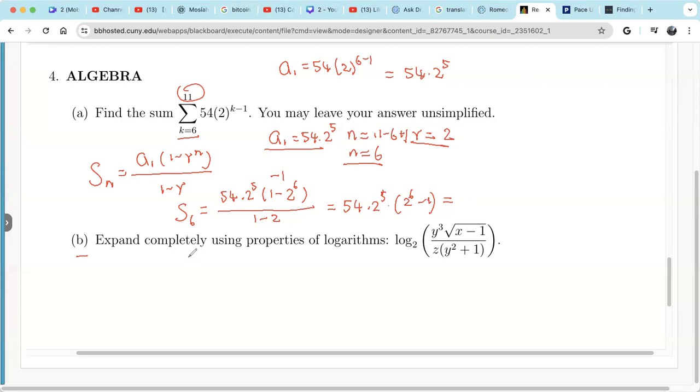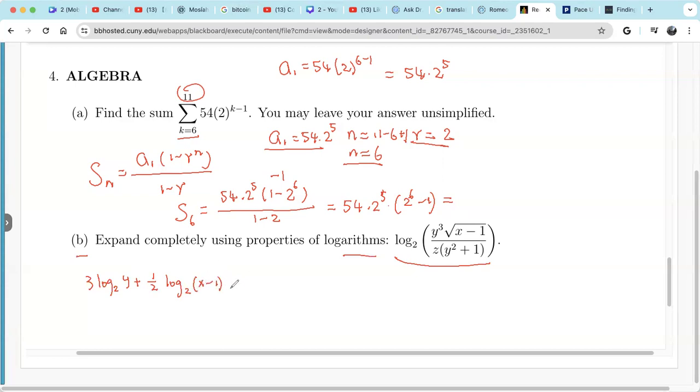So let's see B. Expand this logarithmic expression. Right. So this now is only one log with a numerator and a denominator. Remember the terms in the denominator become negative. So basically we'll have 3 log base 2 of y plus, this square root indicates half log base 2 of x minus 1.